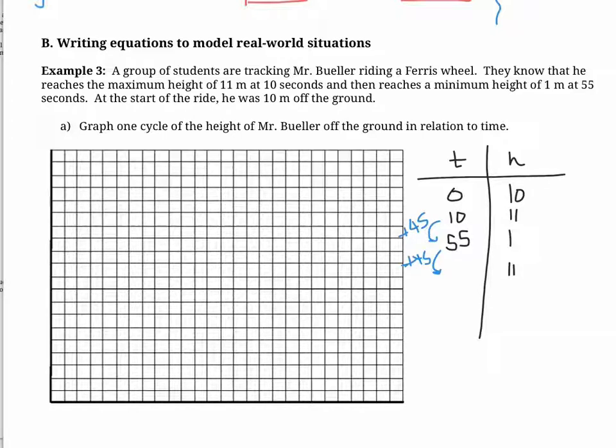So if we add 45 to 55, we will get 100. So that must mean our period is 90. So it must take 90 seconds to get all the way from the top to the bottom back to the top.